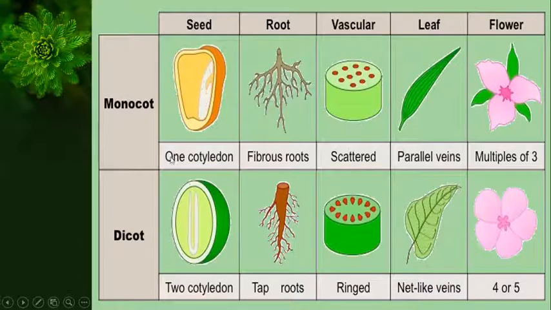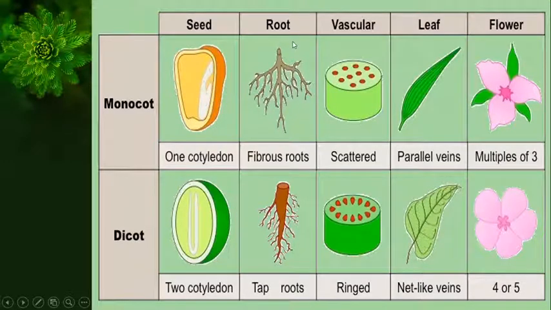They have one cotyledon per seed. For example, a corn seed is just one cotyledon. You can't divide the seed into two parts. But dicot seeds have two cotyledons.